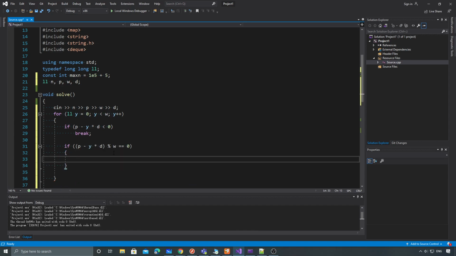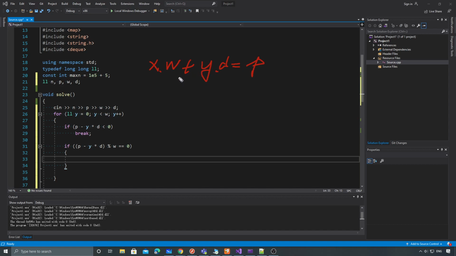Okay, basically, we have this equation XW + YD = P, right? We're traversing and trying all the possible Y's from 0 to W, as we have proved there.